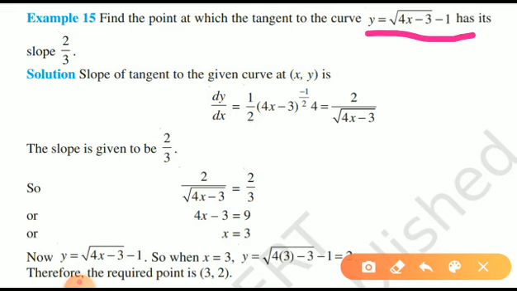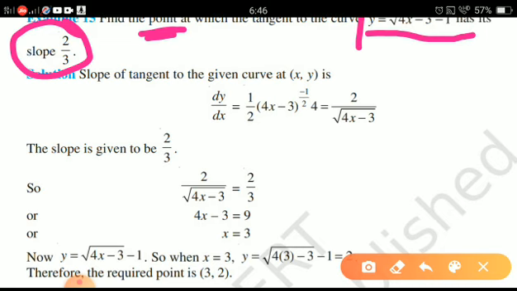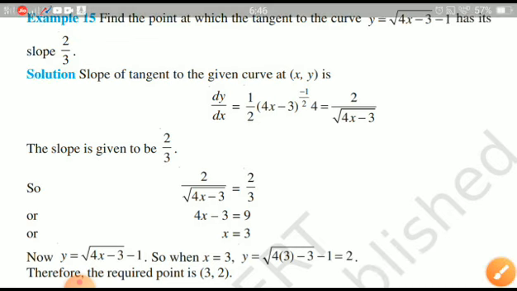So the slope given to us is 2 by 3, that is, dy by dx is given as 2 by 3. We have been given the equation of the curve, so using that can I find the slope of the curve at a given point?